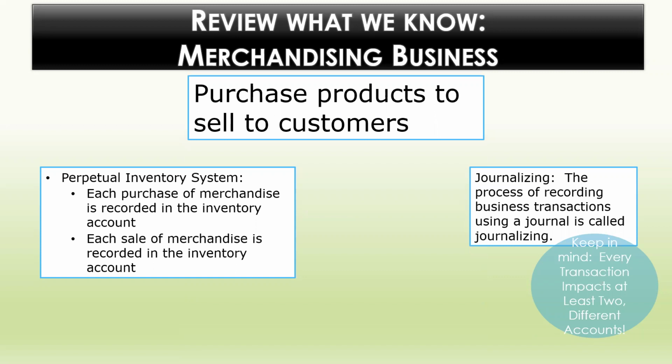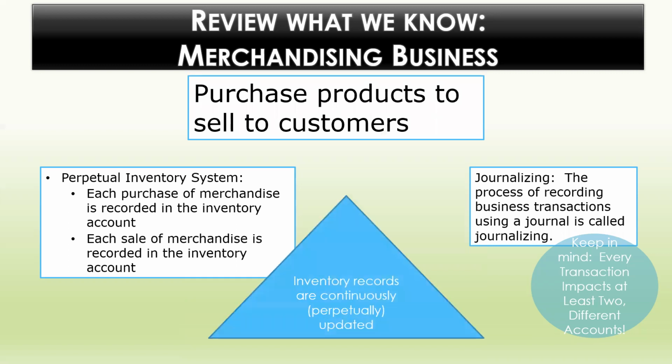As a reminder, the definition of journalizing is the process of recording business transactions using a journal. Keep in mind, every transaction impacts at least 2 different accounts. In a perpetual inventory system, the inventory records are continuously updated. This also means they are perpetually updated.